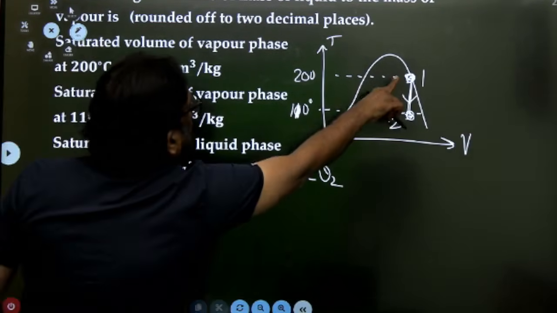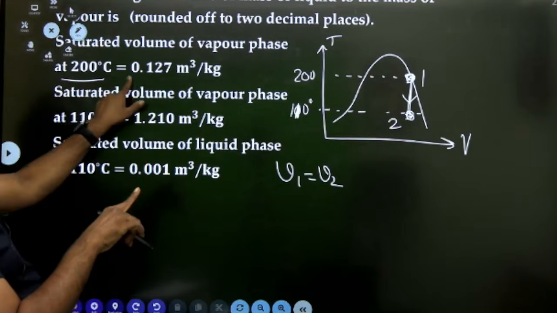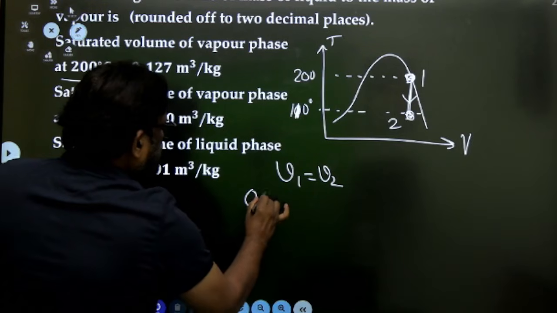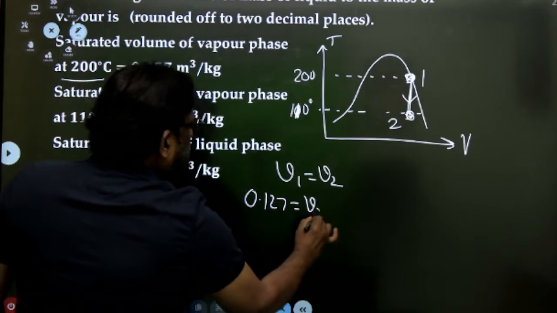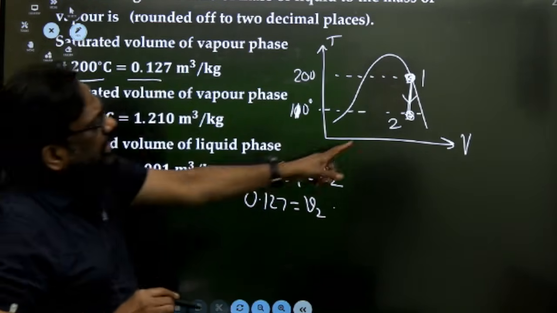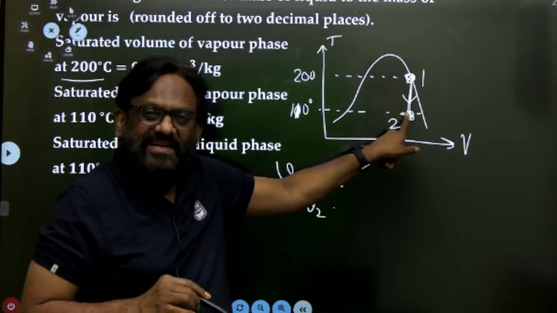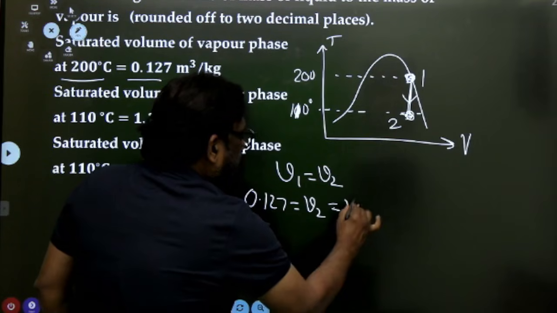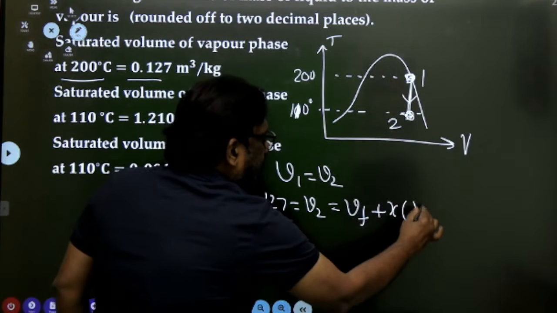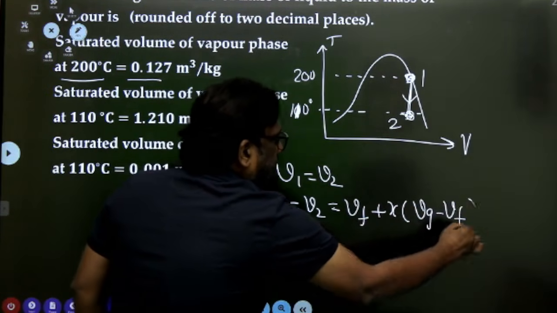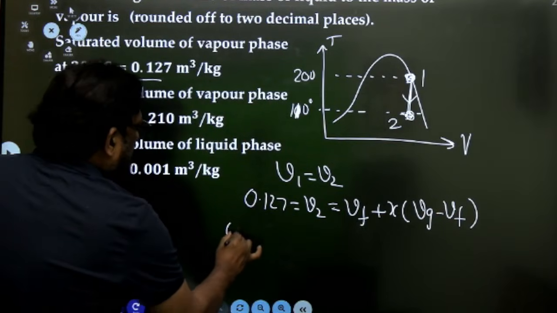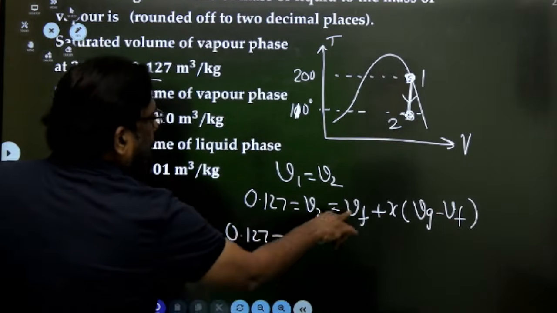Okay, V1 is V2. So what is V1? At 200 degree centigrade the volume is 0.127. This is equal to V2. But V2 is in the wet region. So this can be written as Vf plus x into Vg minus Vf. Okay, sir. So 0.127 is equal to Vf.